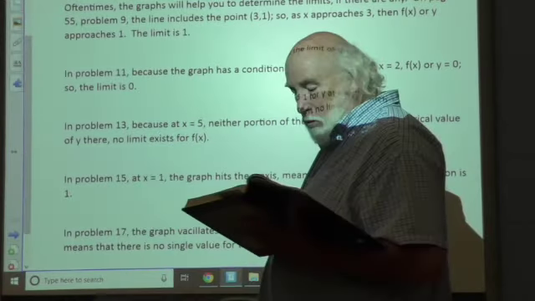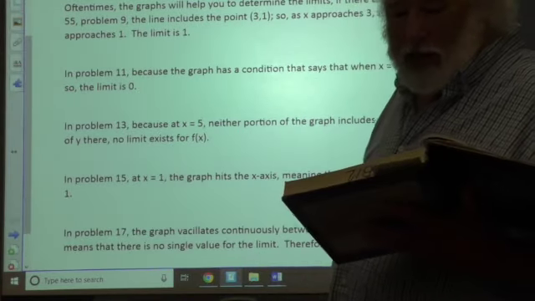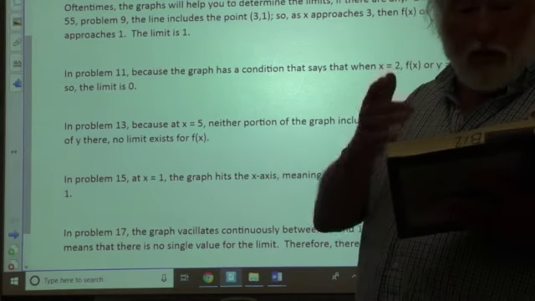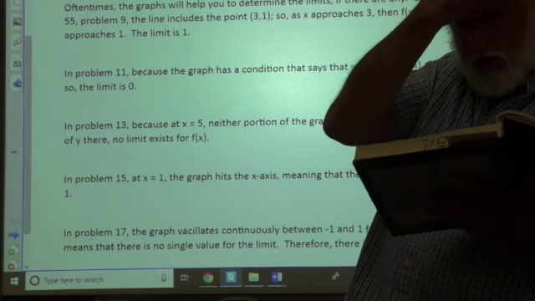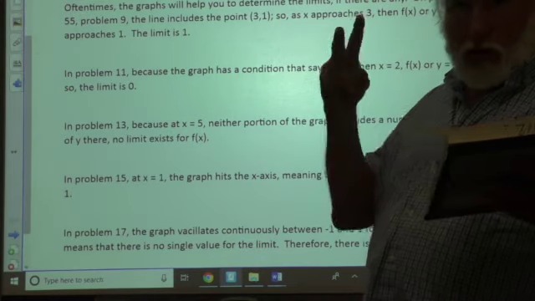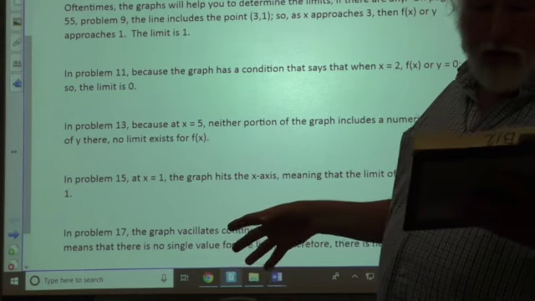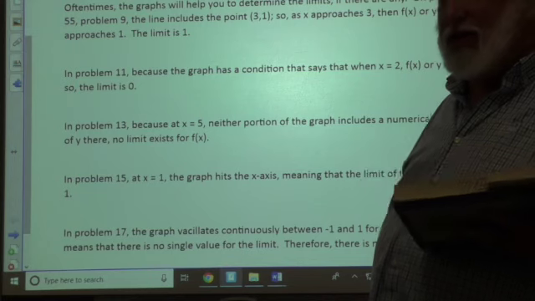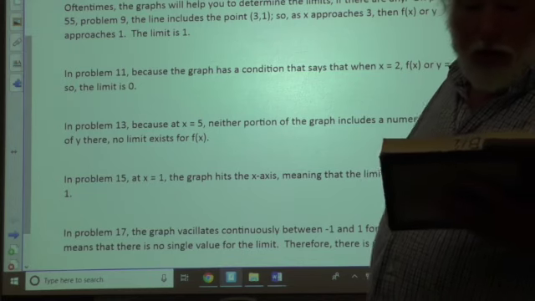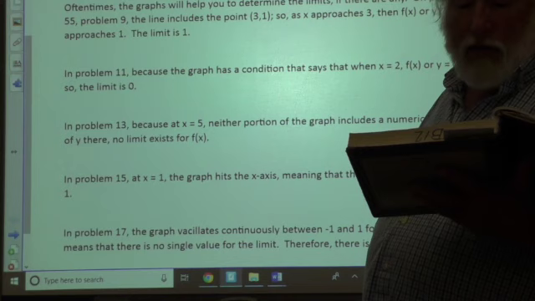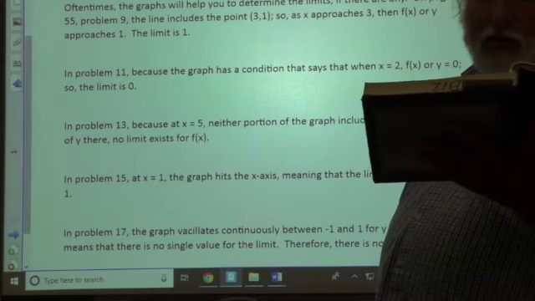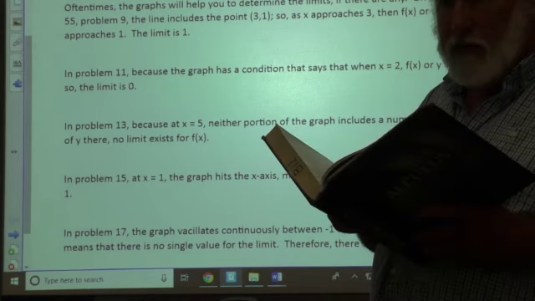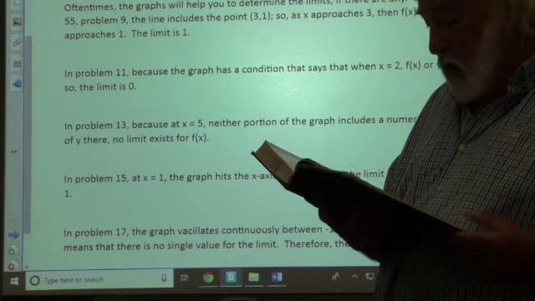In problem 13, now this is kind of similar to number 11, except when you take a look at 5, 2 things have red flags waving all over the place. One, if you have x is equal to 5, that means you're going to have 0 for a denominator. That ain't going to happen. And the other thing is they emphasize that they have an absolute value on top, which means all values have to be greater than 5 in order to be positive.